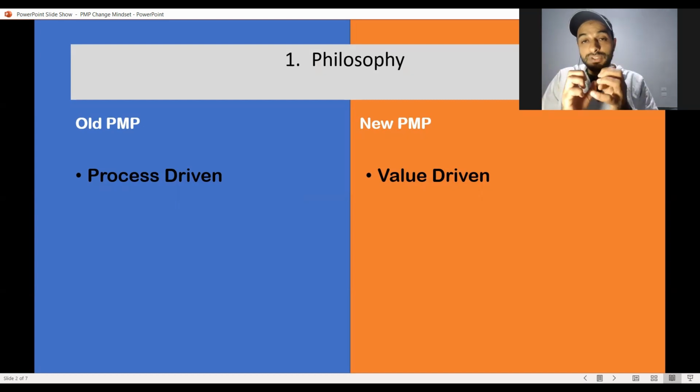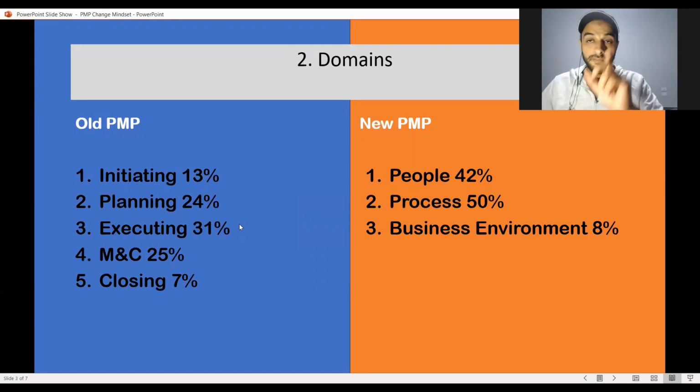So we have to add value to our project, to our customers, to our organization. Based on that, we will have some processes, and these processes will be done by the people to achieve the objective of the project. So there's a main difference. It's shifted from process driven to value driven. So this is number one.